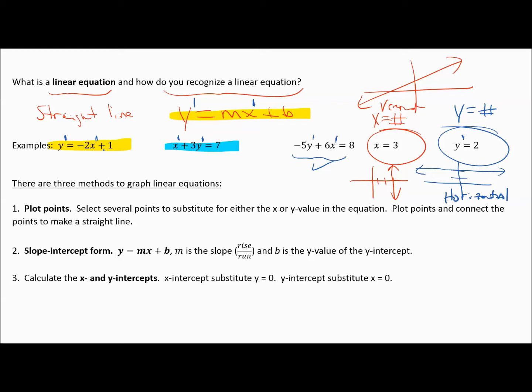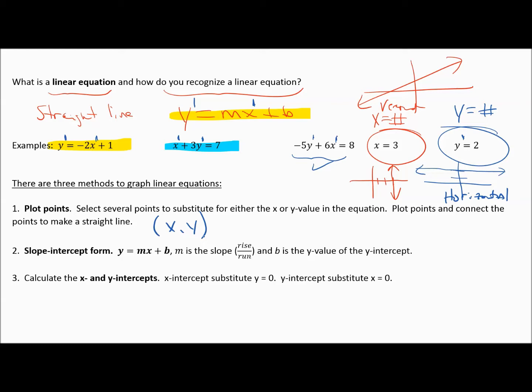The easiest and the first you probably ever learned is simply plotting points. So you select several points to substitute for either x or y, and then you solve for the other variable and you plot those points. You plot the ordered pairs. So you're plotting x, comma, y. We'll do a problem where you get to see that.